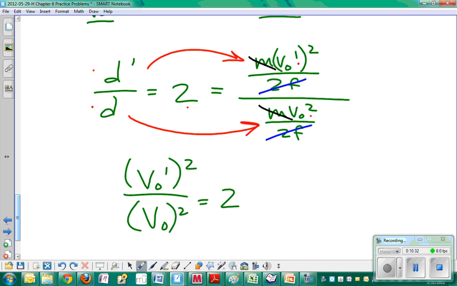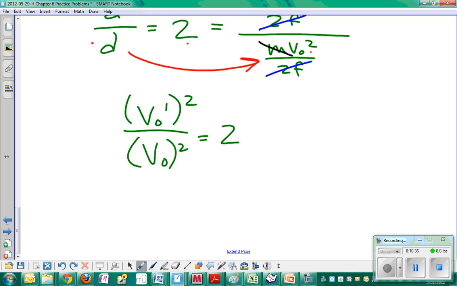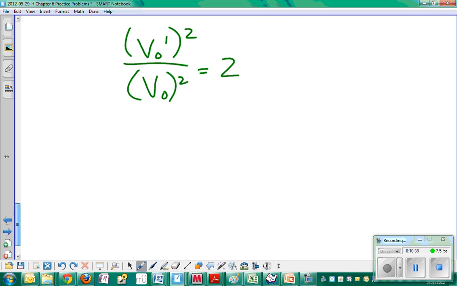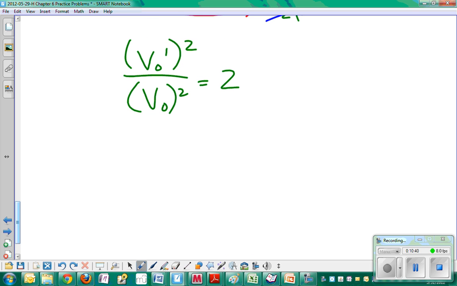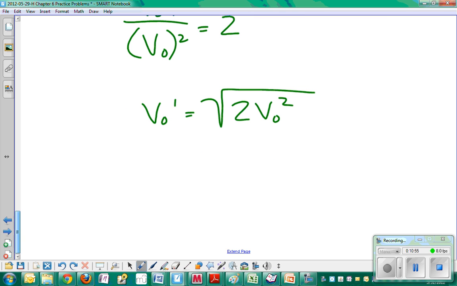I was just going to put them together and square the whole fraction, but we have to separate them again anyway. That's why I backed up. So what are we solving for? All right, so v naught prime is equal to the square root of 2 v naught squared. Another way of saying that, simplifying, is v naught prime is equal to root 2 times v naught. We just take v naught squared out.